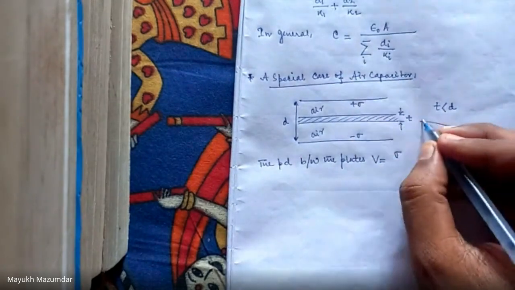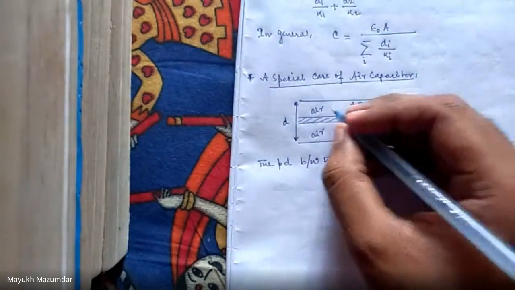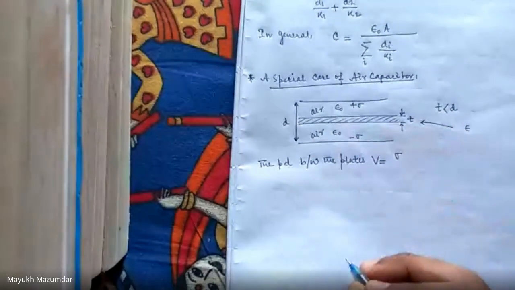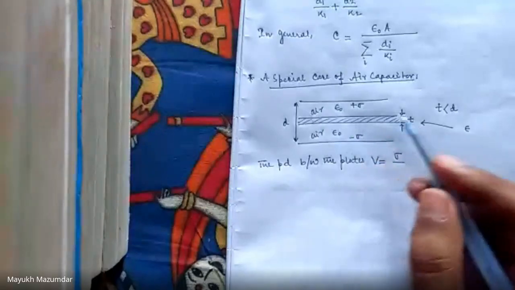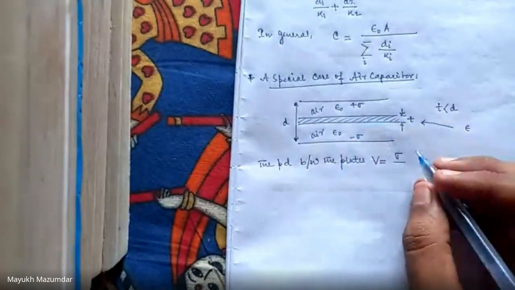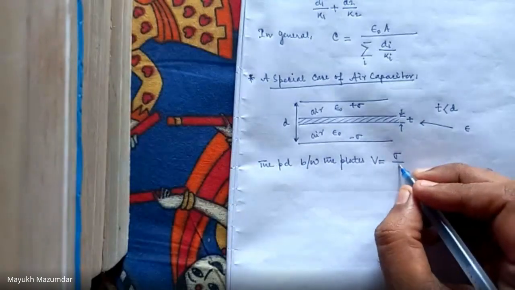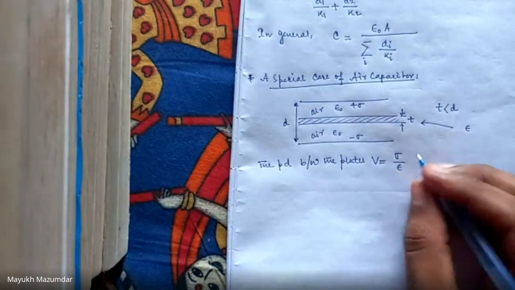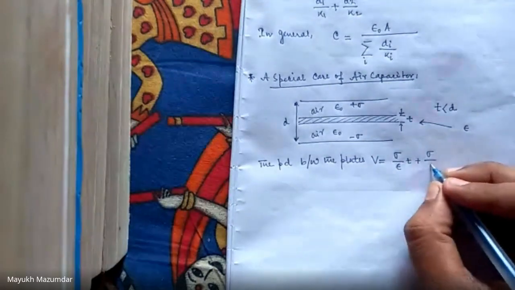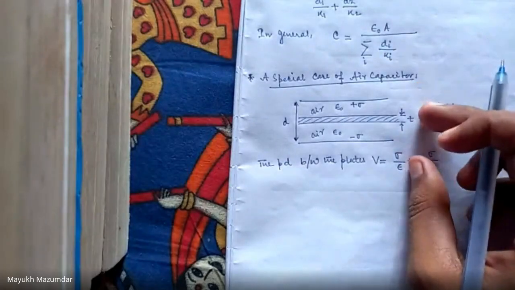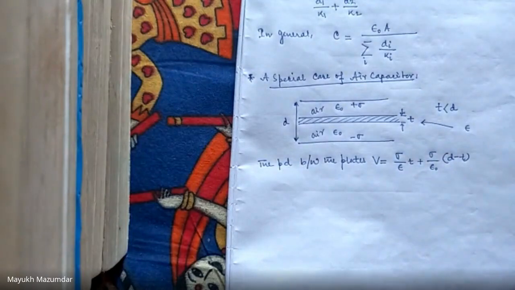The dielectric medium has, say, permittivity epsilon, and for air it is epsilon 0. The field would look the same. Why? Because they are placed parallelly. So this potential difference would be sigma by epsilon times the thickness of the dielectric, t, plus sigma by epsilon 0 times the remaining portion from D, which is filled with air. See if you could understand this part.